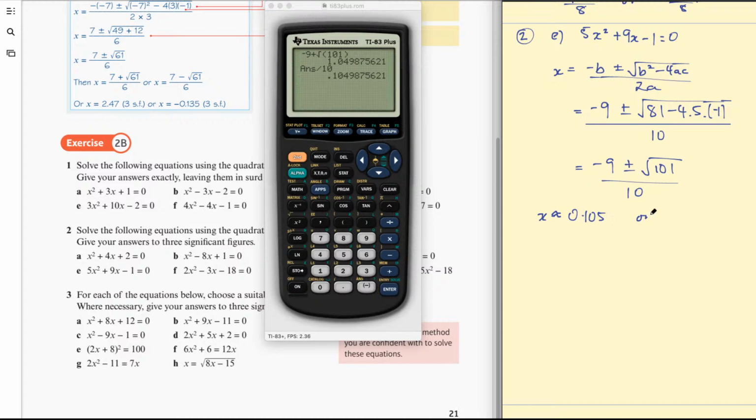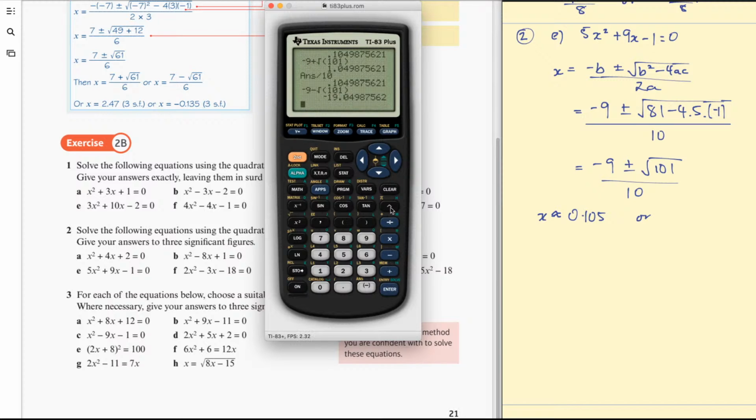0.105. Or we can also have -9 plus the square root of 101 divided by 10, and I've done the same thing. Oopsie. We need to do the negative this time.